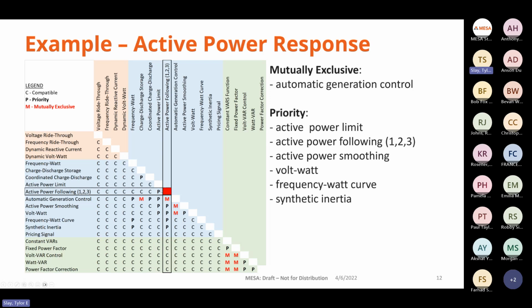The active power limit has a priority designation for active power following and active power limit, and then it's mutually exclusive with automatic generation control. Then continuing down, it has a priority conflict with active power smoothing, volt watt, frequency watt curve, and synthetic inertia, which are all highlighted over here on the left, or right, sorry.